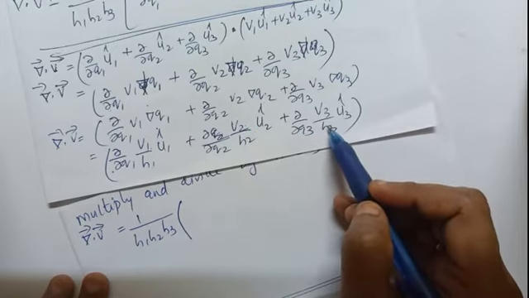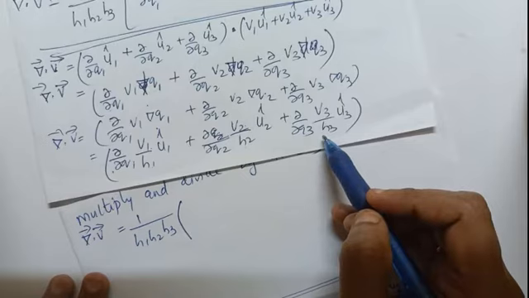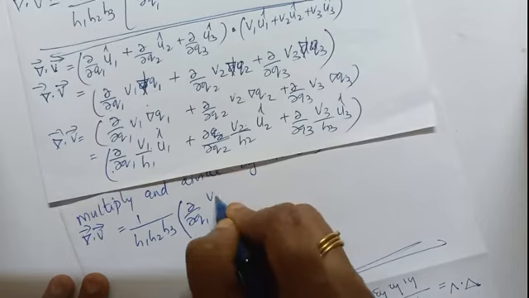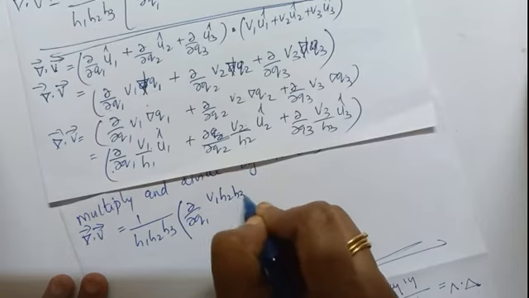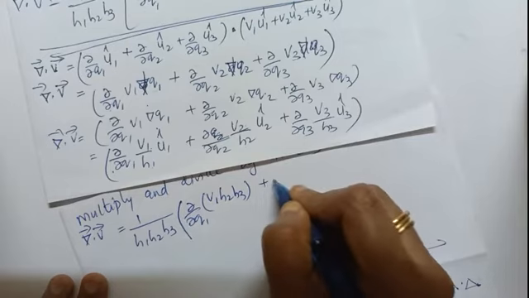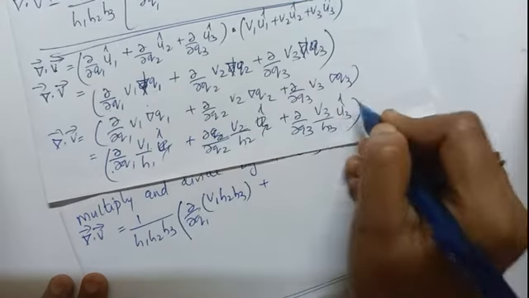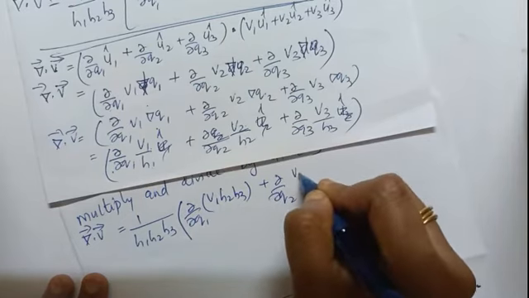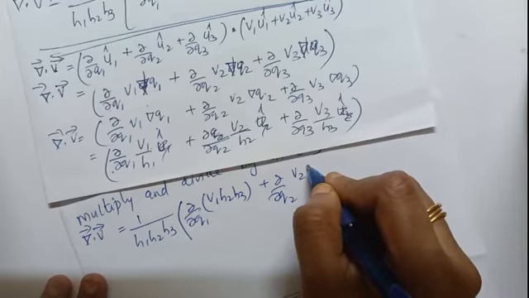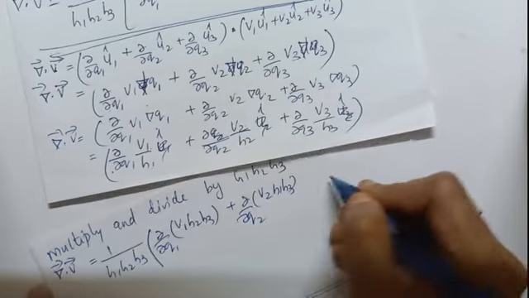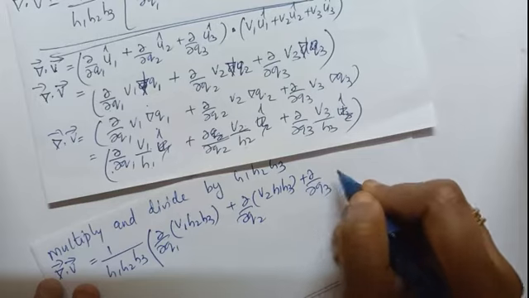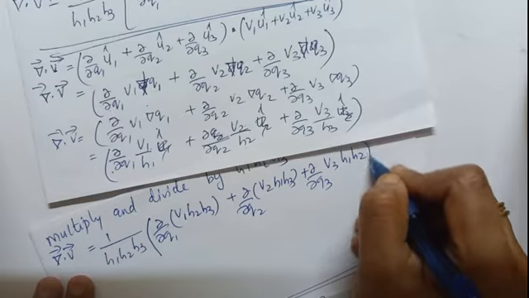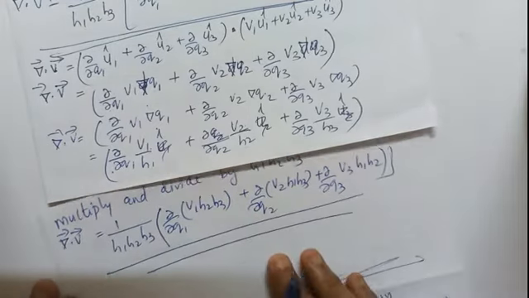In the third term h3 cancels and we get the scaling factors h1 h2. You will not get u1 u2 because that becomes 1. So we get ∂/∂q1 of V1 h2 h3 plus ∂/∂q2 of V2 h1 h3 plus ∂/∂q3 of V3 h1 h2.